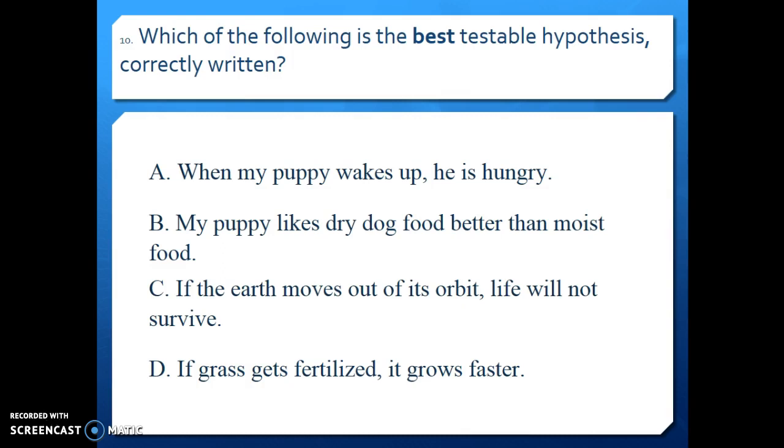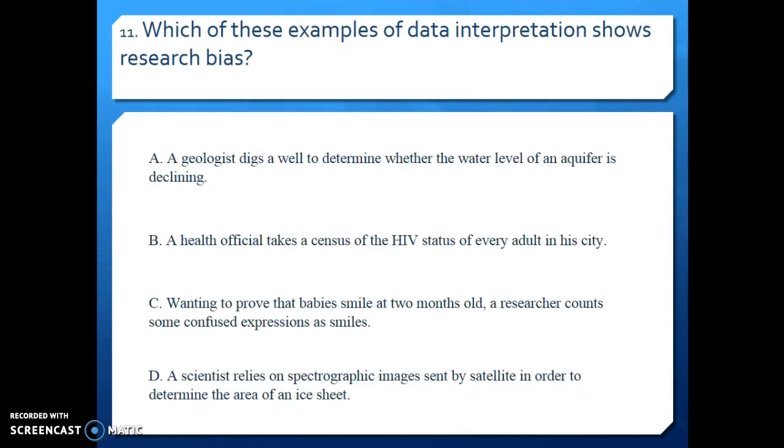Which of the following is the best testable hypothesis correctly written? Which of these examples of data interpretation shows research bias?